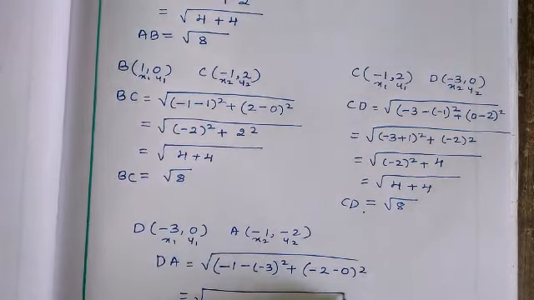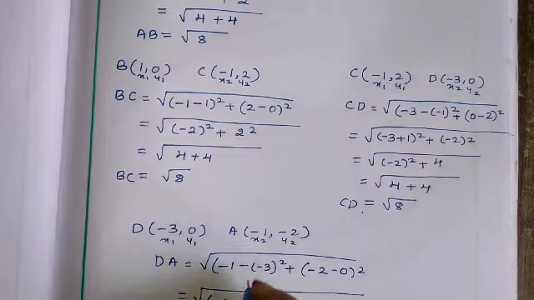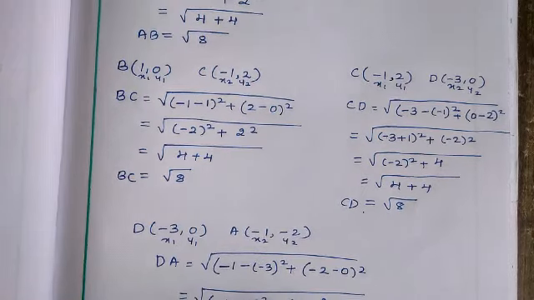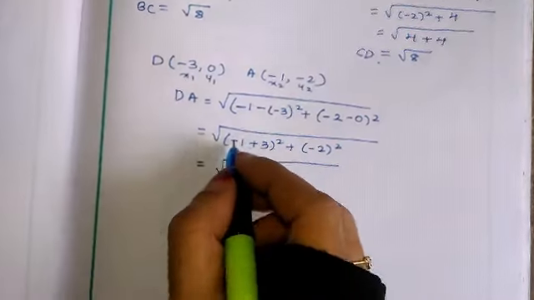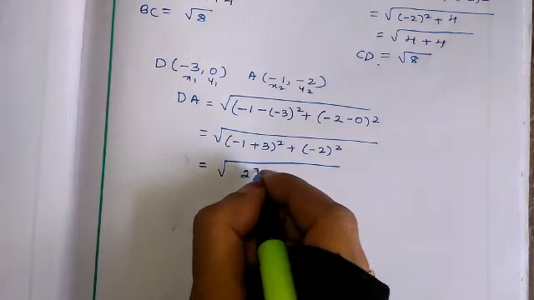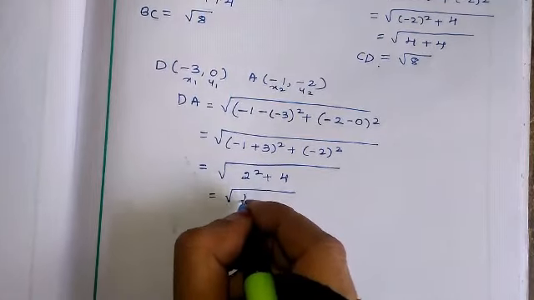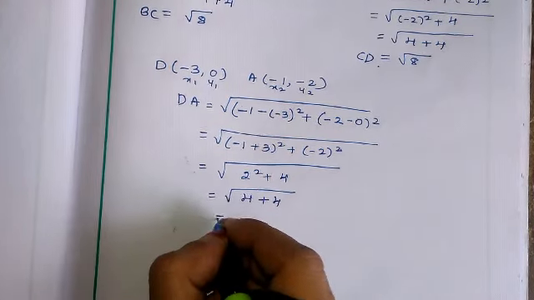So root of (-1 minus (-3)), minus minus is plus, (-2) square. 3 minus 1 is 2. 2 square plus minus 2 square is 4. Here this is also 4 plus 4, root 8.